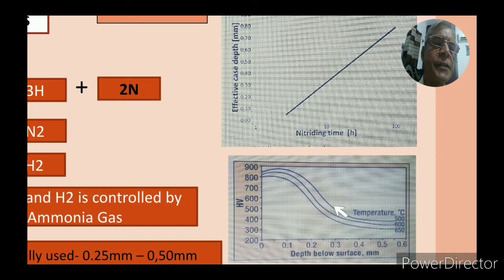But if I increase the temperature up to 650, then it comes over here and the hardness comes to 400. So it concludes that if you increase the nitriding temperature, you may get higher case depth, but the surface hardness will be lowered. So you have to balance what case depth you want and what your surface hardness requirement is.